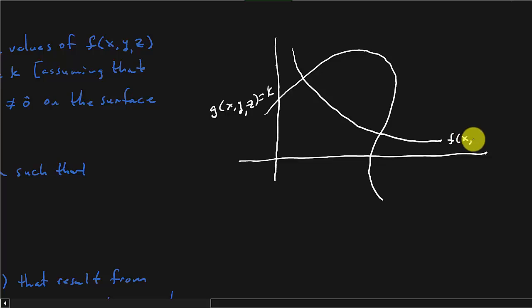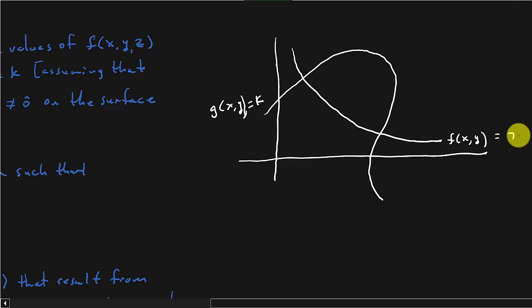This would be, say, f of x, y, z. No, not f of x, y, z, f of x, y. I don't know why I put a z there. That's g of x, y equals k.